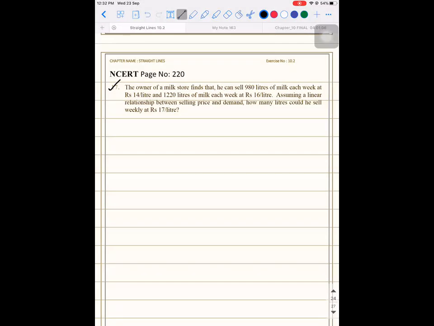So the meaning of this is, if I take a graph, they told us they are varying linearly. Okay, this is x and this is y.